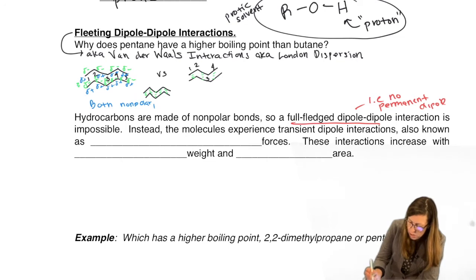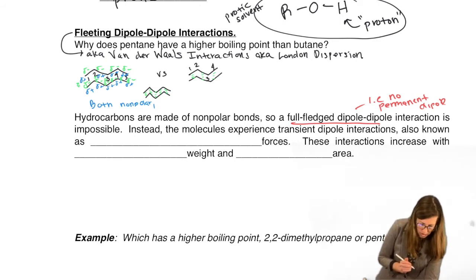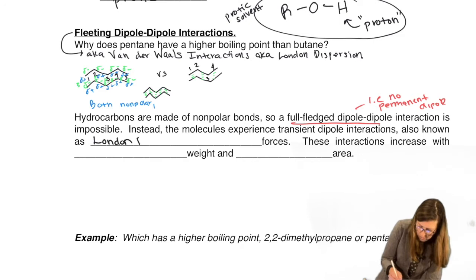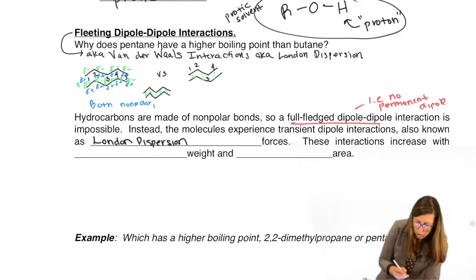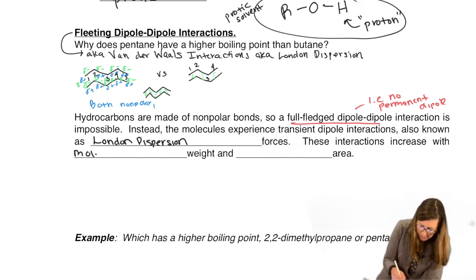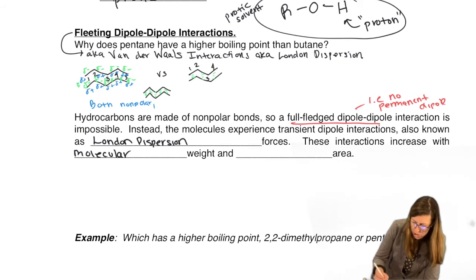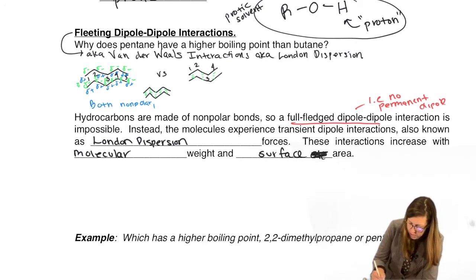Instead, they experience transient, passing, fleeting dipole interactions, also known as London dispersion forces. These interactions increase, so there's more of them when it's a bigger molecule, so molecular weight, or based on the shape, surface area.